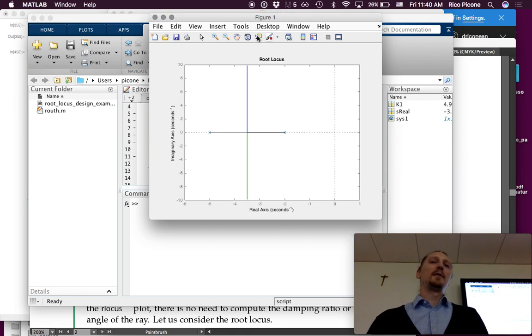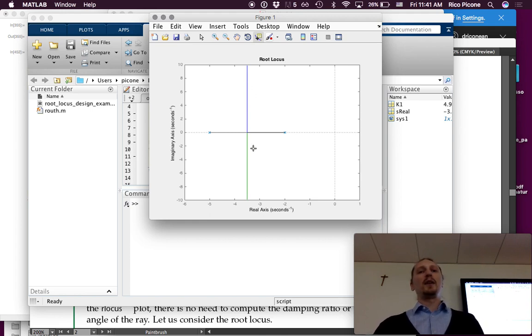The only reason that we use MATLAB at all is to find what gain corresponds to the percent overshoot requirement that we have, right? Percent overshoot requirement specifies a specific ray beginning at the origin and going outward, right? And we could think about calculating this. Geometrically, this is actually pretty easy to do because it's like a triangle, so we could do it.